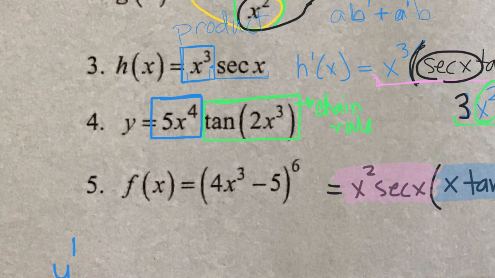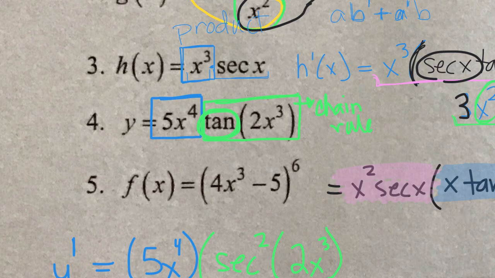Y prime, our function is y, so our derivative is y prime. Product rule says we leave the first thing alone. So 5x to the fourth times the derivative of the second thing. So let's do this one part at a time. First we deal with the trig. What's the derivative of tan? Secant squared of 2x cubed, right?